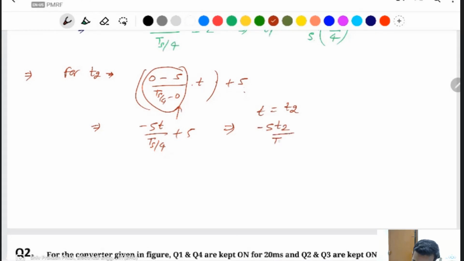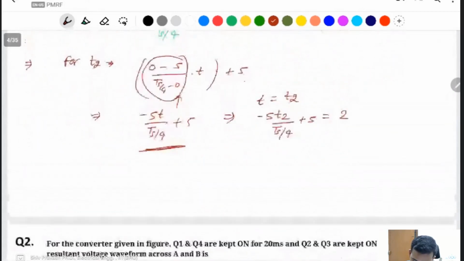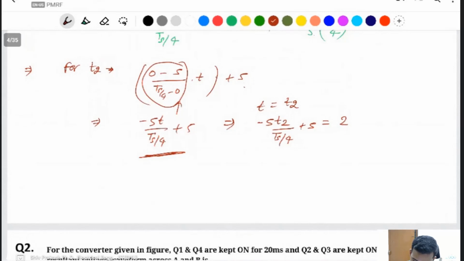Sir, the equation has to be minus 5 by Ts by 4 into (T minus T by 4), right? Instead of T, we have to write T minus T by 4, right? Because it is on the curve.